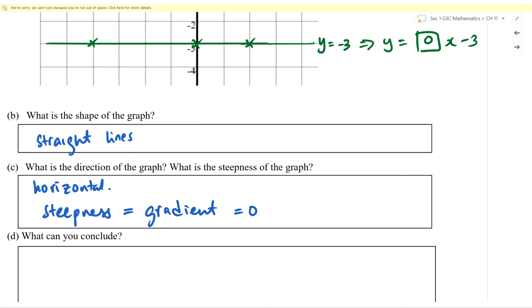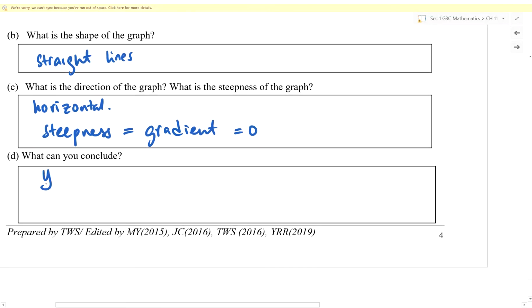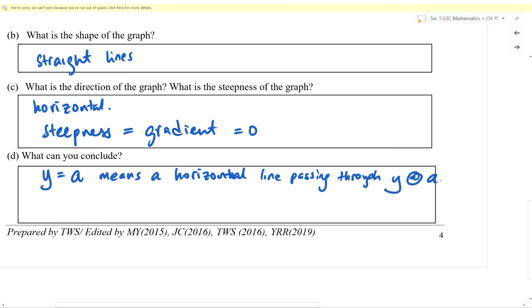And our conclusion, when y is equals to a number a for example, where a could be 0, could be -3, could be 2 in this case. When we have the graph y equals to a, it means that it is a horizontal line passing through y at a.